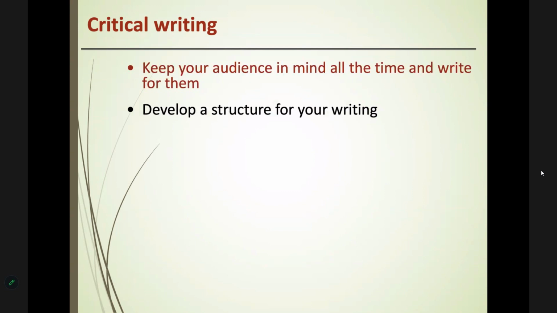And also, when you're writing the literature review, always make sure you develop a structure for your writing. If you just start writing without a structure, it will be difficult to connect and link the various sections. A structure is a kind of table of contents. For your literature chapter, what are the main headings? What are the subheadings? Before you start writing, have a structure in place.